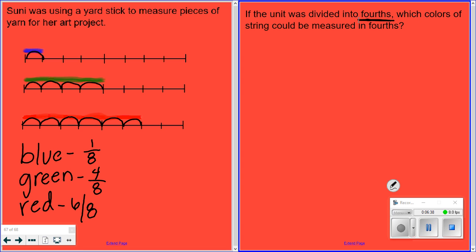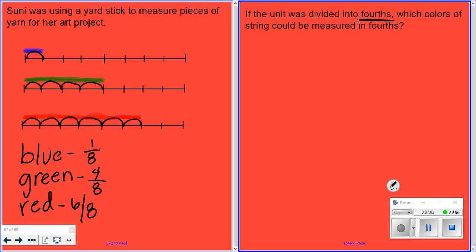This is what I'm counting by. Can I land on that blue yarn by counting by 1/4? No, I cannot. It is too small. So I cannot count the blue yarn using 1/4 pieces because my 1/4 pieces are too big.